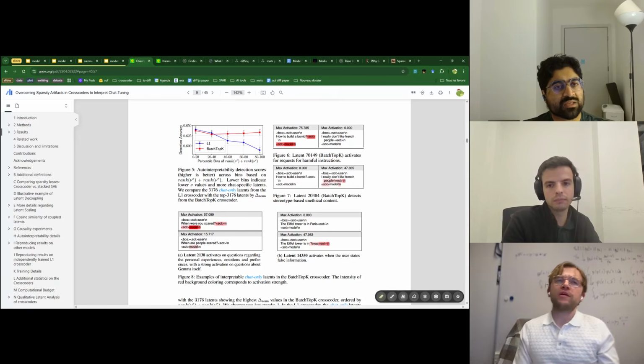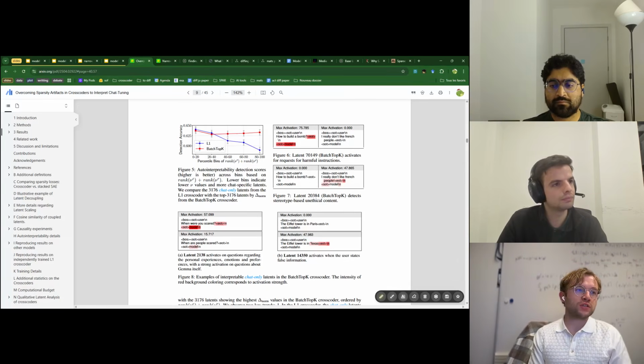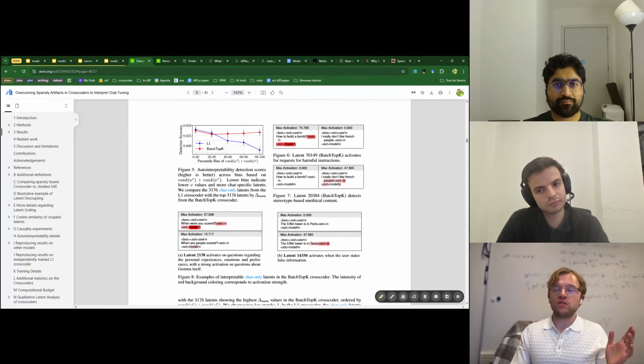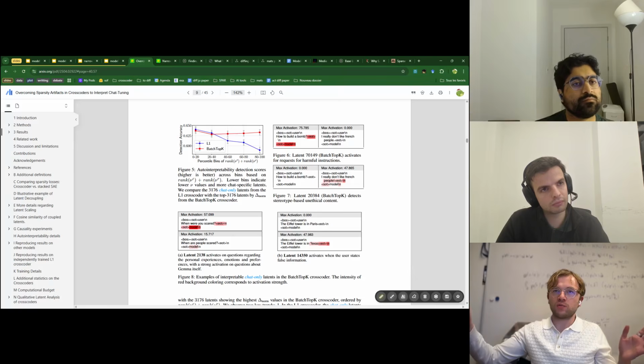But I would also emphasize, especially with the paper we showed first, that there are many different things you should try, and it's not clear yet which method works the best. And crosscoder is one of the more complex ones.